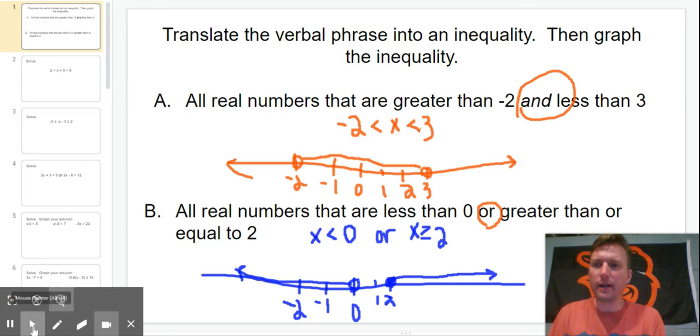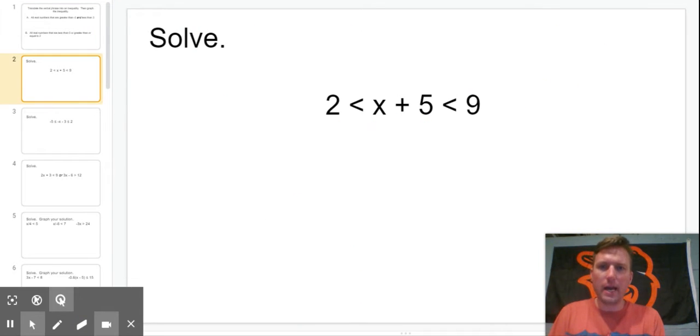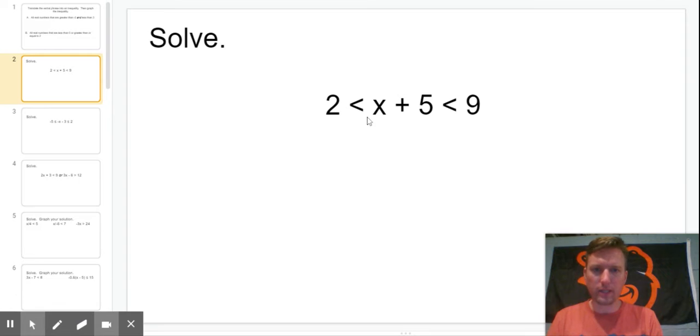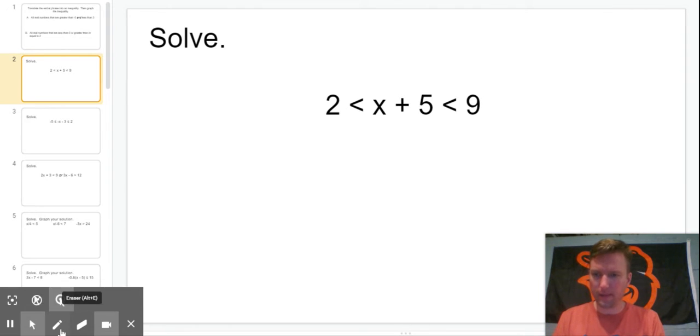Now, we can do it another way as well, okay? If I have this problem, this is a compound inequality. It says 2 is less than x plus 5 is less than 9. Now, what I would do is break this up, okay? And I would use this x plus 5 for each one of these, and it's going to give me 2 inequalities.